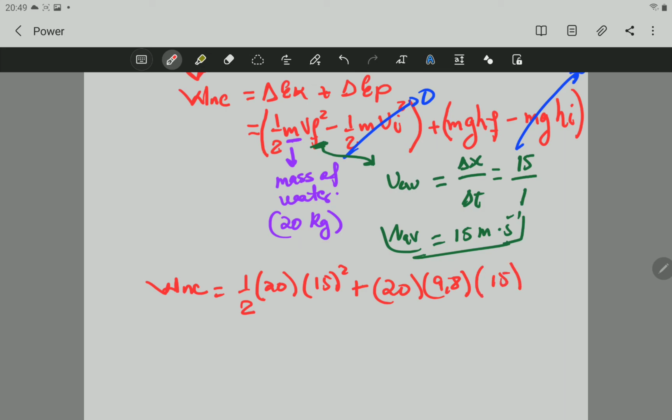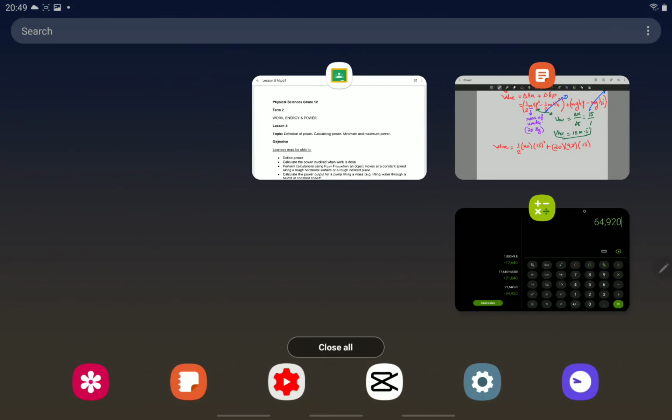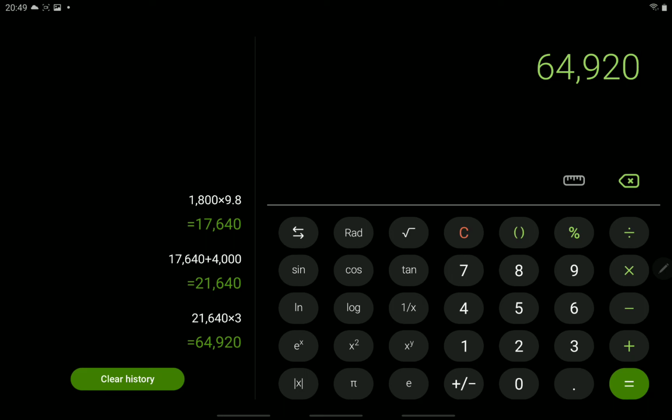Okay, and we can do these calculations one by one. So it's 20 multiplied by 15 to the power 2.